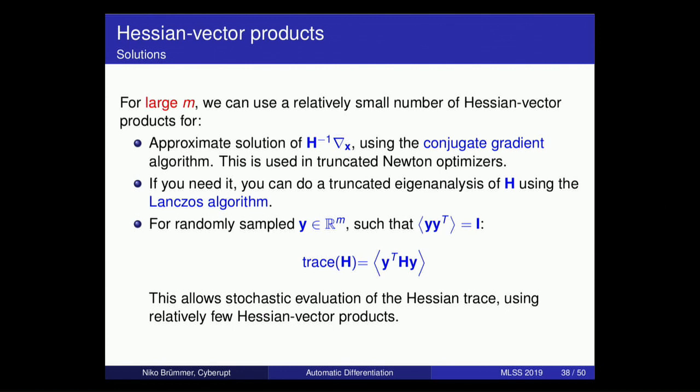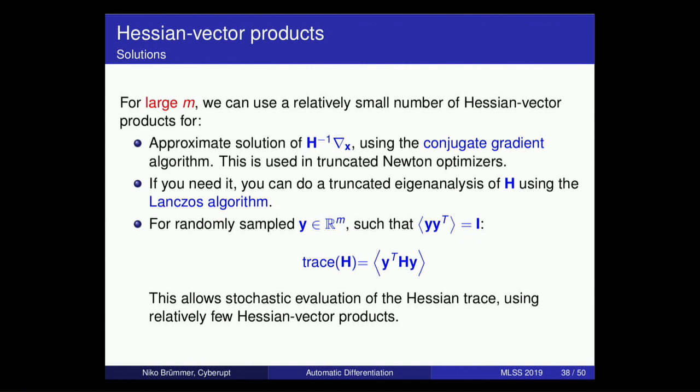That means you find the few biggest eigenvalues and the associated eigenvectors. There's this Lanczos algorithm. I know in MATLAB it's called eigs. You can just send the Hessian vector products into eigs, and you can then do an eigenanalysis of the Hessian.